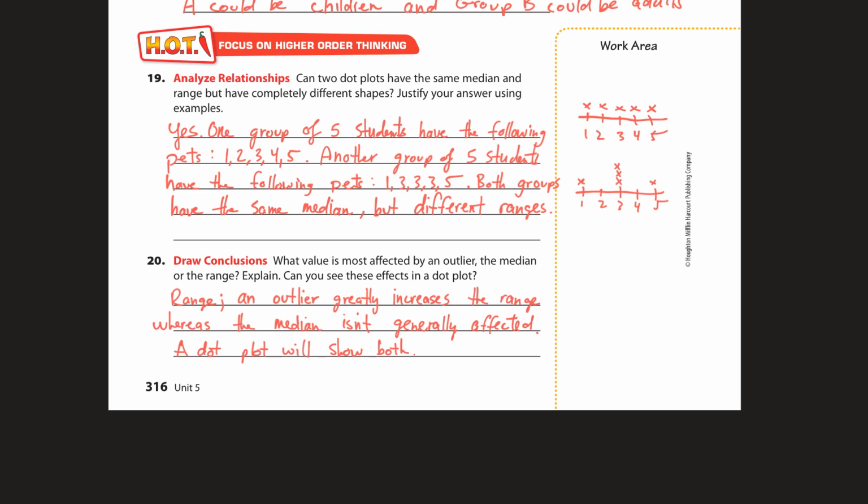For instance, if I have 1, 4, 5, 9, and 30, 30 is the outlier.